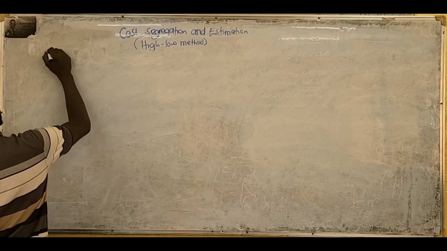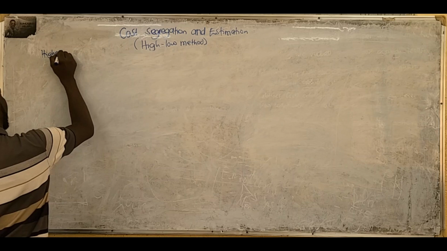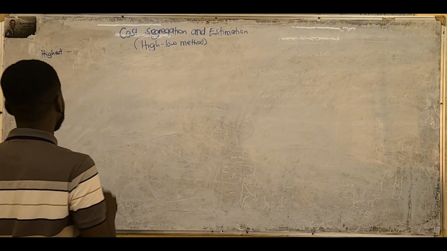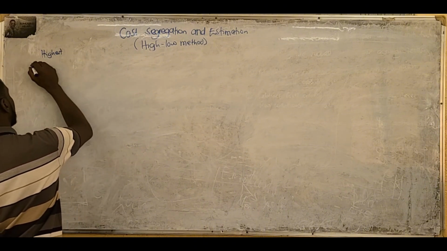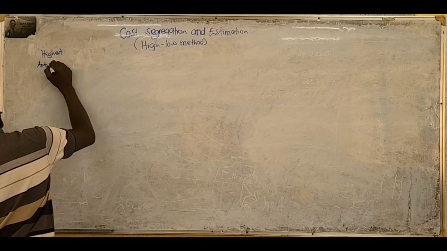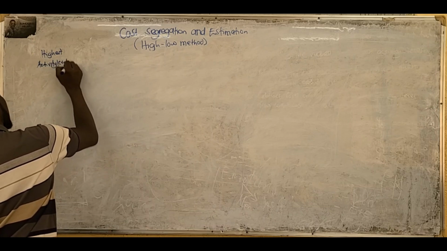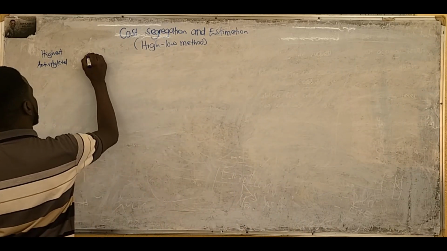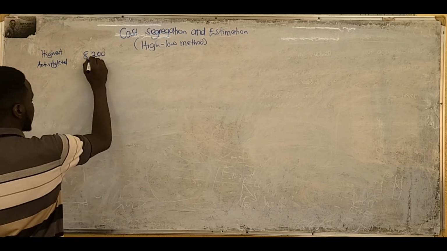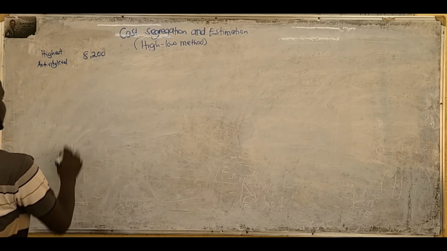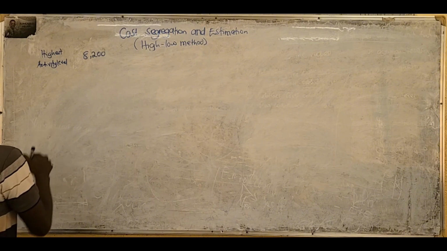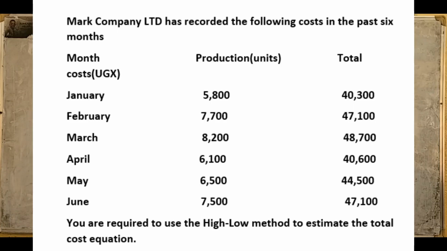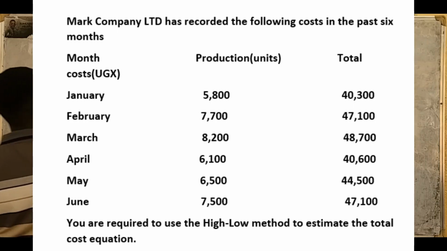Okay, now let's do this. You're going to find the highest. Our highest was in the month of March and it was the highest activity level. If you check back, it was 8,200, and the cost associated with it is 48,700.